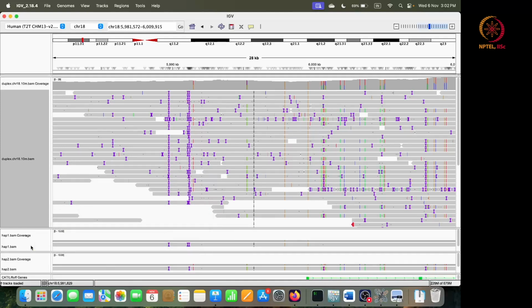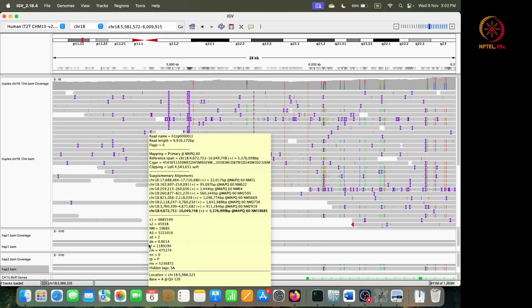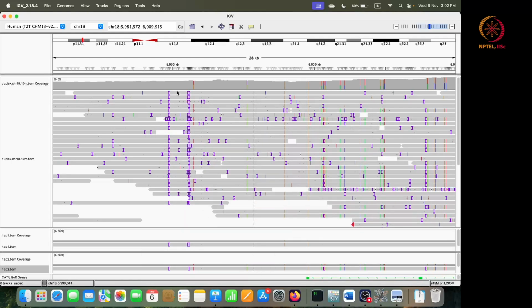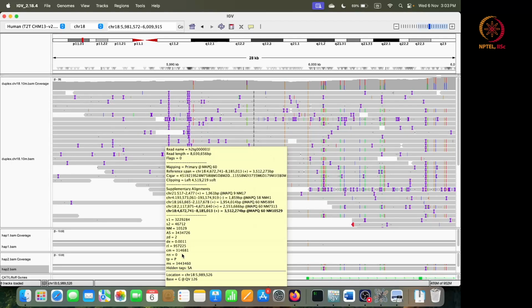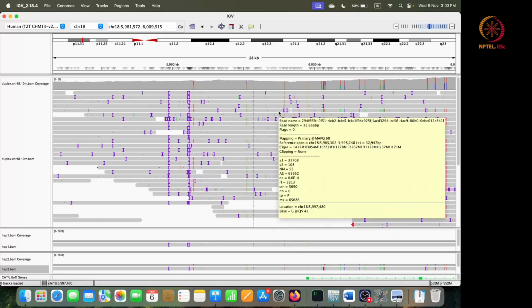Here is a contig from the first haplotype, and here is a contig from the second haplotype, and you can see that some indels are not preserved in the assembly, and indels which are more likely to be present in the assembly are actually preserved by the assembler. Okay. So, we now know how to visualize these assemblies using IGV as well.